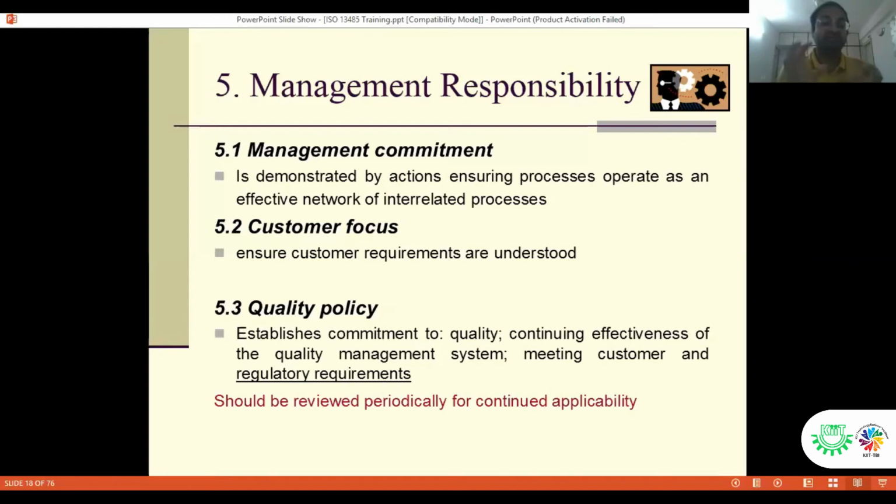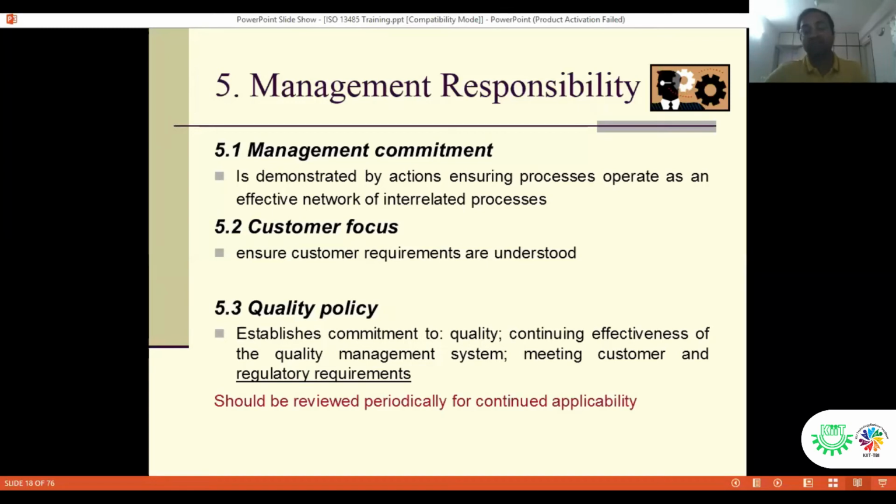For example, for the HR department, suppose you have a team of around 25 people and they don't have knowledge of 13485. It is the responsibility of the HR team to get all the qualifications done as per 13485. They can say the current level of understanding of all the employees is around 15%, and they want to increase the knowledge from 15% to, suppose, 75%.